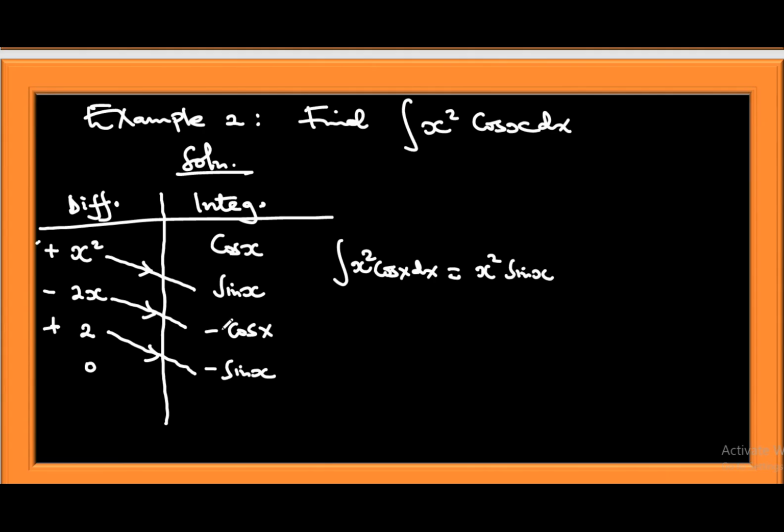Now it is 2x times negative cos of x, but then you multiply by a negative, that will be plus 2x cos of x. And then you have 2 times negative sine x multiplied by a positive, you will get minus 2 sine of x, plus a constant. And that is our answer. Very interesting.